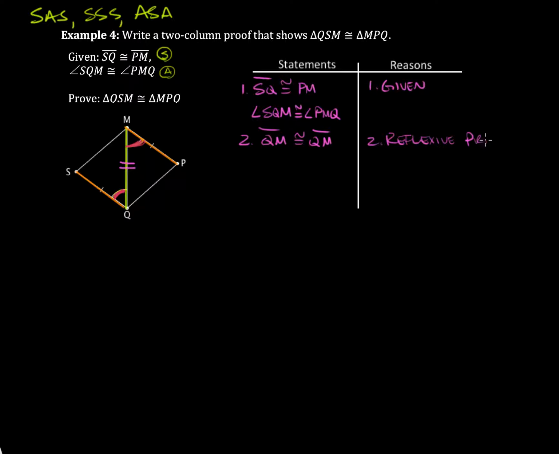And so now we have a pair of sides, a pair of angles, another pair of sides, and we've determined that these angles are the included angles between the sides that we've named congruent. So that means that we can say that triangle QSM is congruent to triangle MPQ with the reason side angle side. So a pretty basic, straightforward proof there using side angle side congruence.